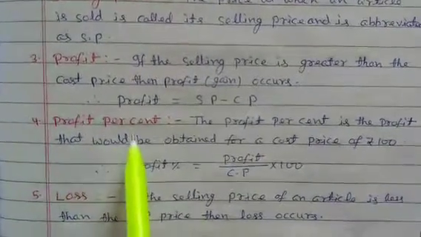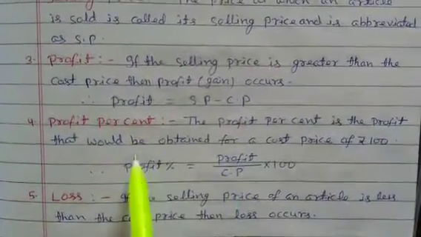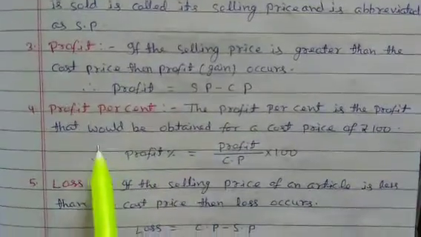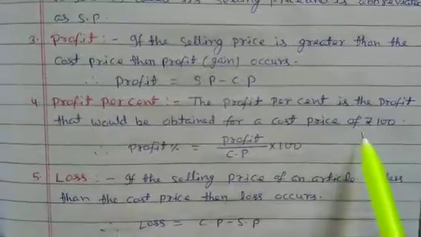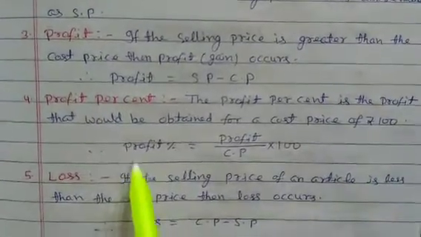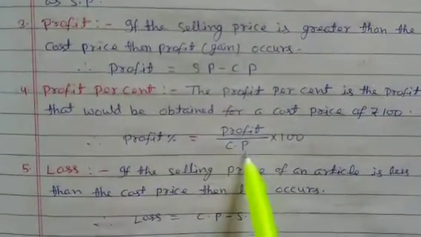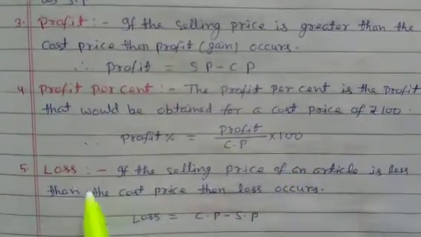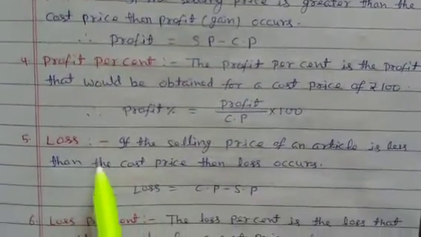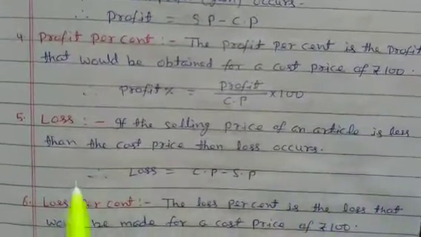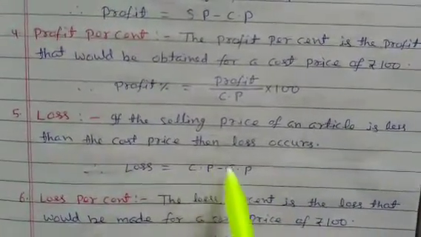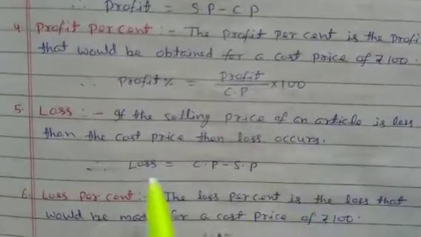Fourth, profit percent. The profit percent is the profit that would be obtained for a cost price of rupees 100. So, profit percent is equal to profit by CP into 100. Next is loss. If the selling price of an article is less than the cost price, then loss occurs.